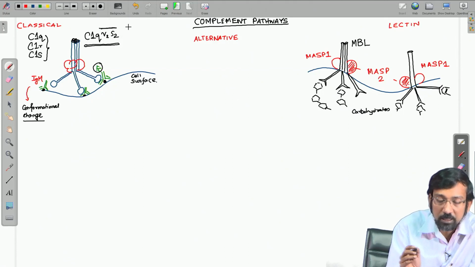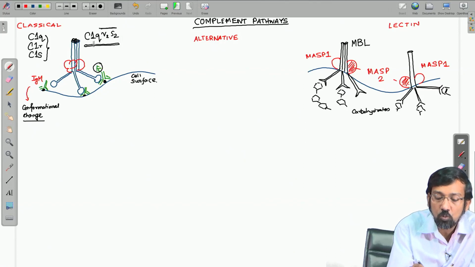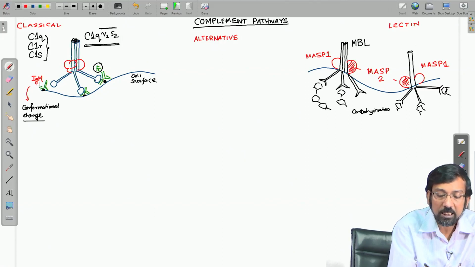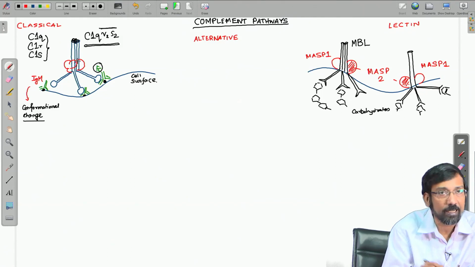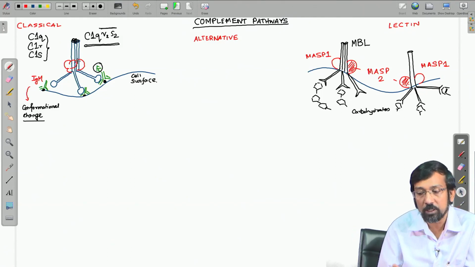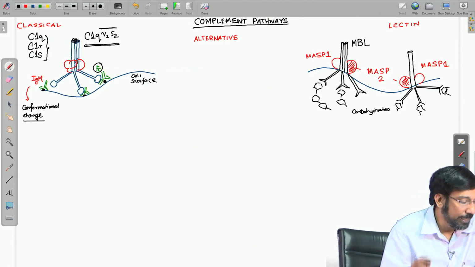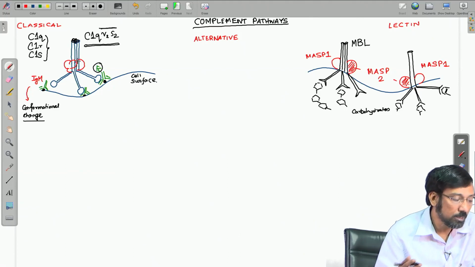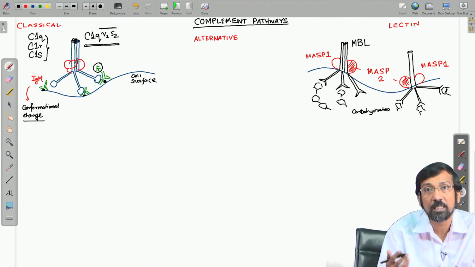So, these are nomenclatures. Once this C1q R2S2 binds to an IgM, or the Fc region of the IgM, it is activated. And since I told you that these are all proteases, they can cleave other target complement proteins present in the vicinity.